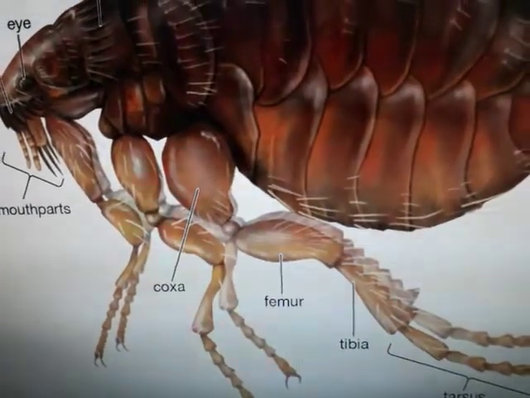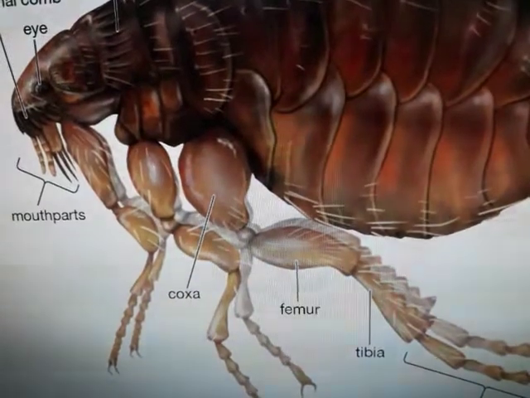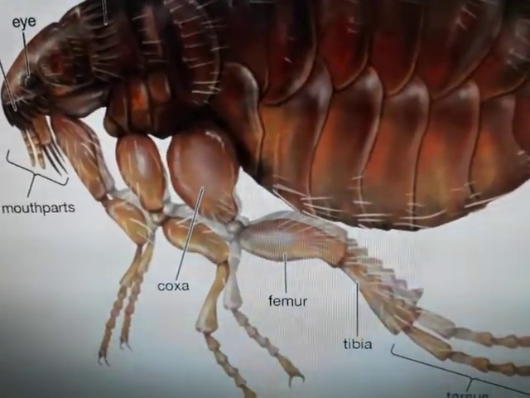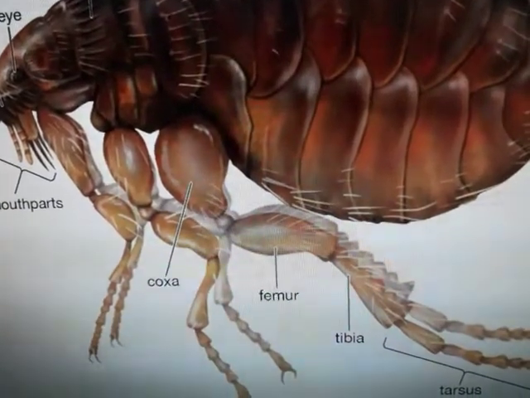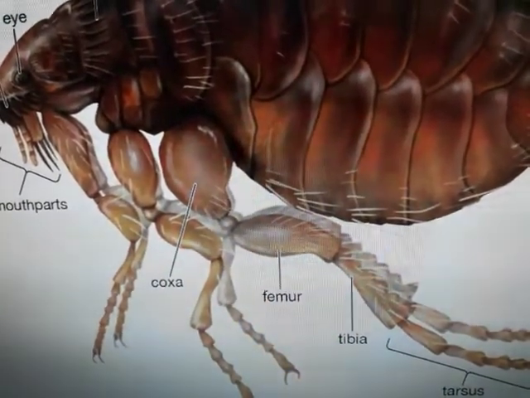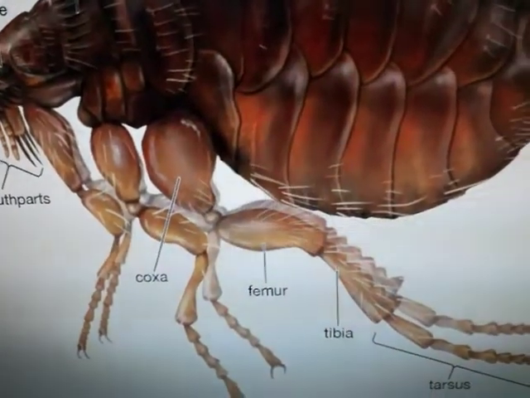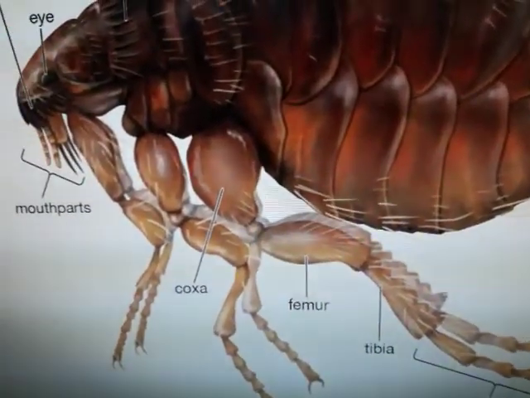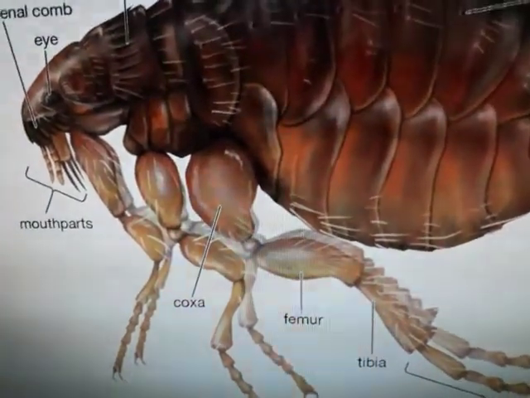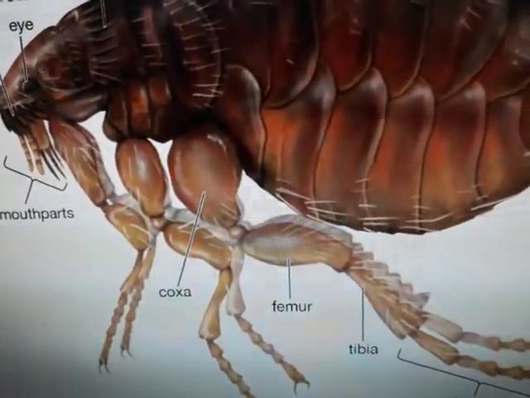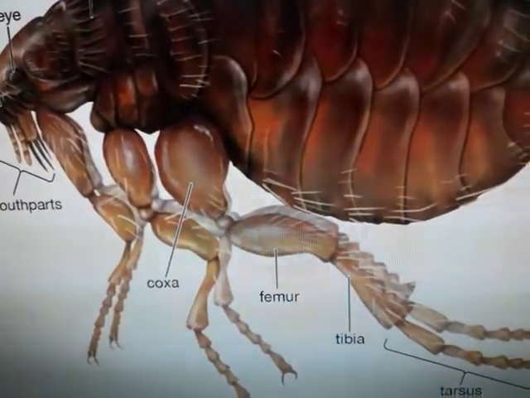The head sits closely into the thorax and bears a comb formed by a row of powerful spines on the lateroventral border of the head. The mouthparts are adapted for piercing and sucking of blood.